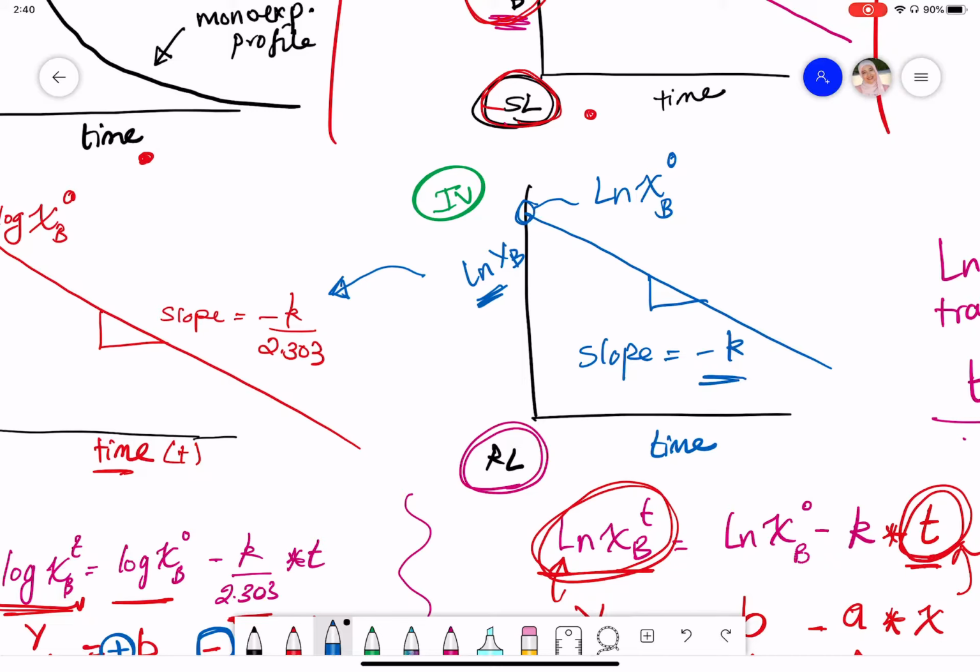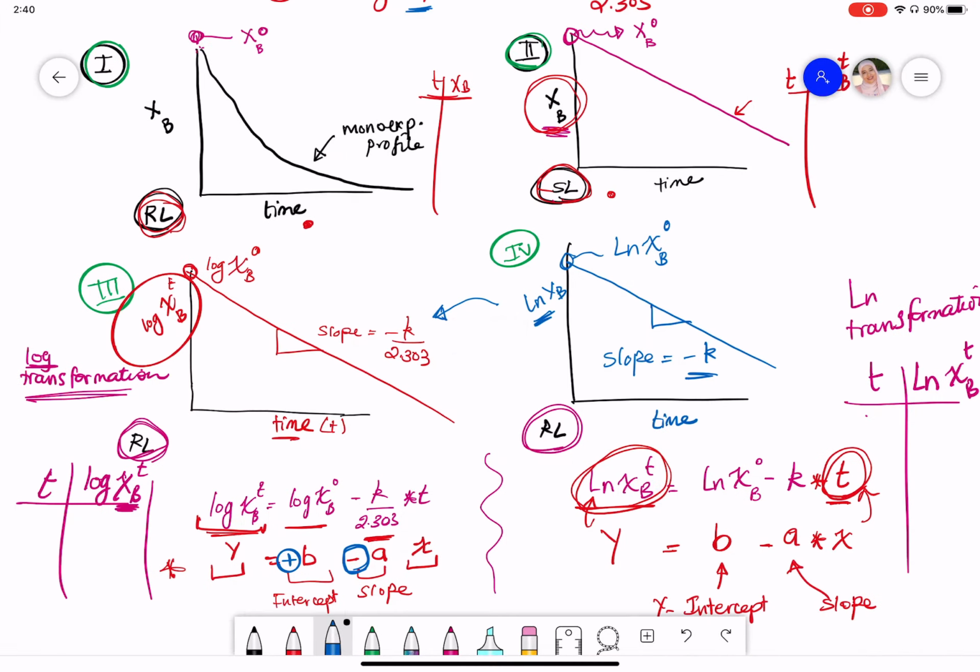And we need to make sure that if you are having the log profile or the log transformation, if you want Xp naught, the initial amount in the body, you need to take the anti-log of that intercept for sure. And if we want the Xp naught from this profile, we need to do anti-ln of the y-intercept that we have.